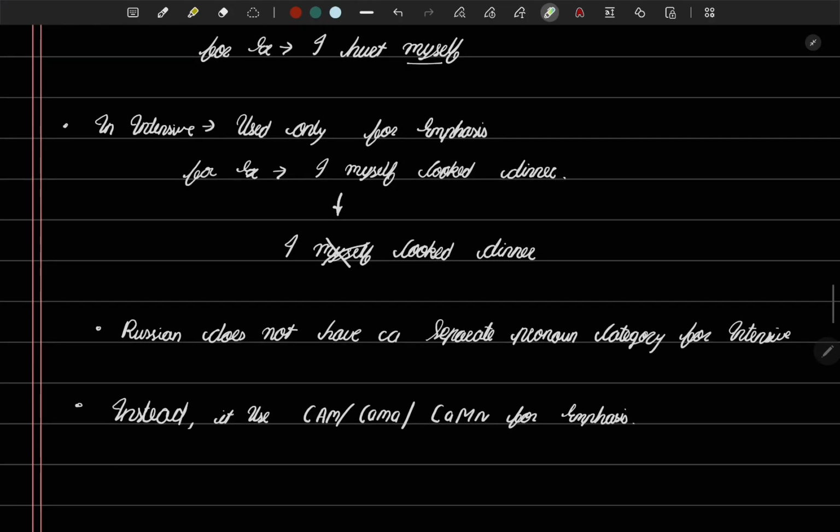Russian doesn't have a separate pronoun category for intensive pronouns. Instead, we use sam for emphasis. It is equivalent to English myself, himself, herself. So in Russian we use sam.